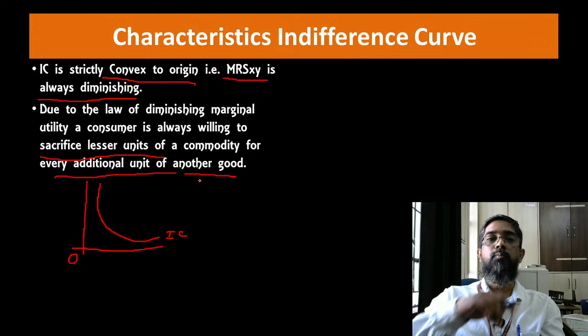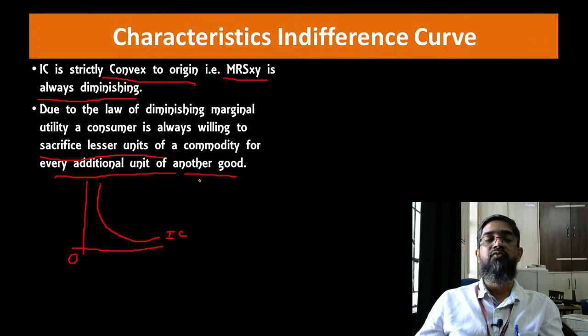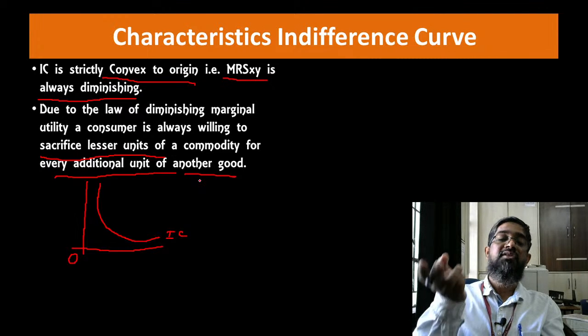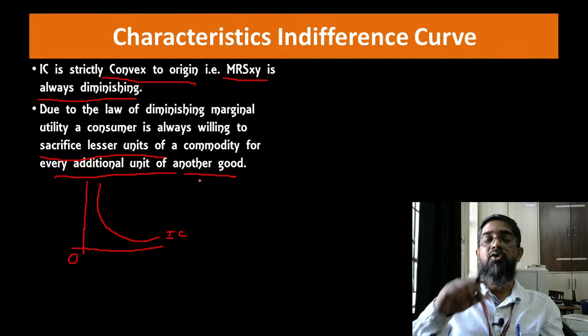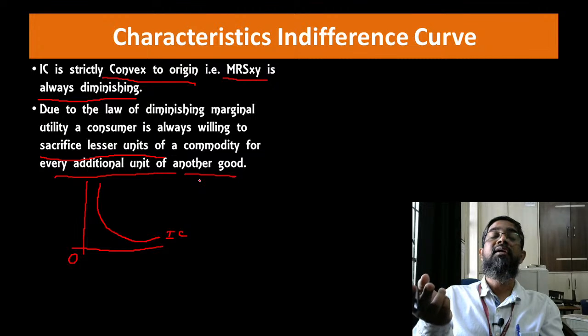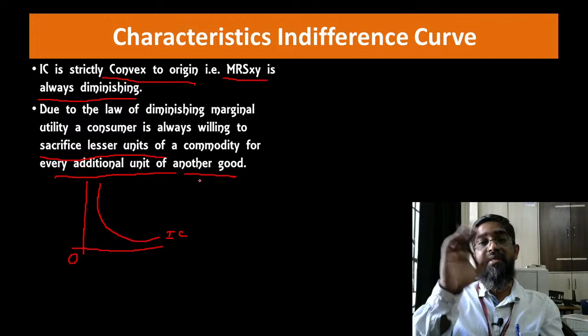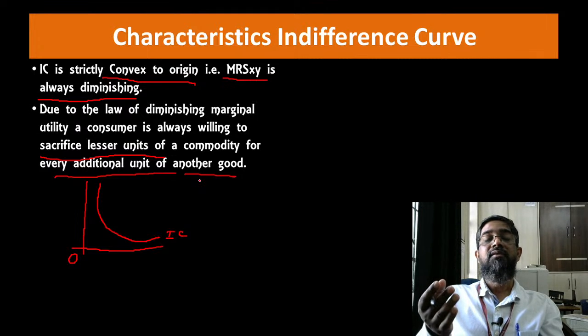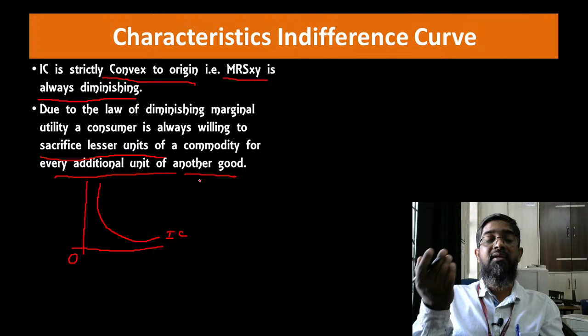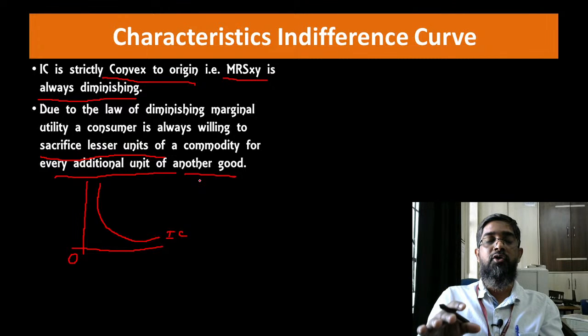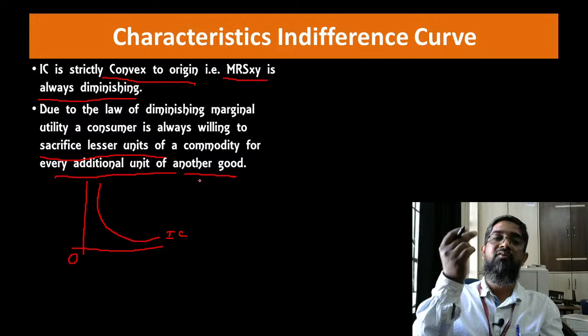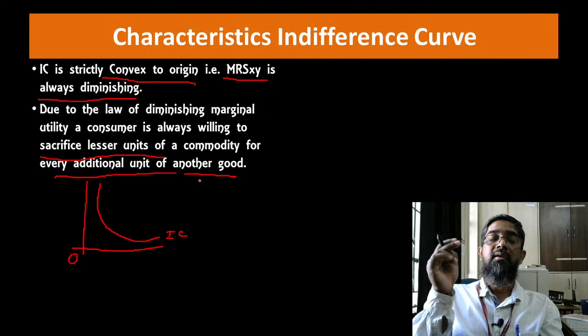For the first biscuit, how much was the customer ready to forego? 5 units of bananas. But from second to third, how many units of bananas was the customer ready to forego? Now he is ready to forego 4 units instead of 5. In the next round you will find he is ready to forego even less than 4 units.